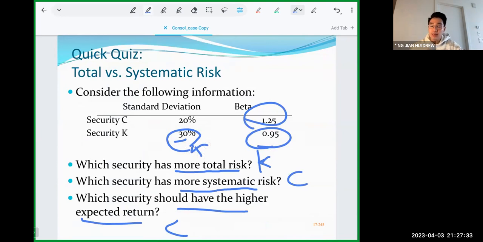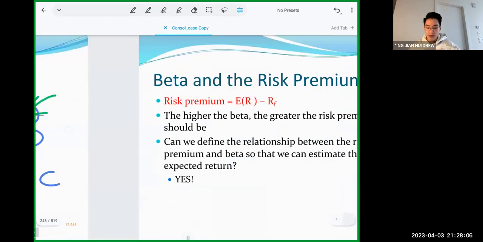And so we should not be rewarded for bearing unsystematic risk because it's unnecessary. We should only be rewarded for bearing systematic risk, which is beta. So when the question asks which security should have higher returns, that is security C. All right, so this is an important question. This is a very conceptual kind of question. All right, but thanks for trying.